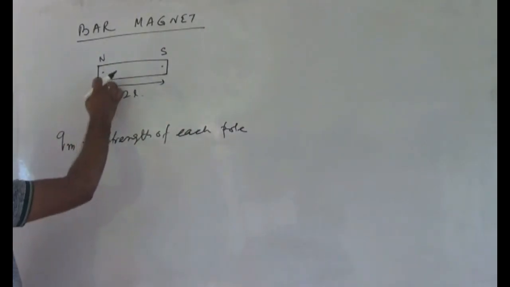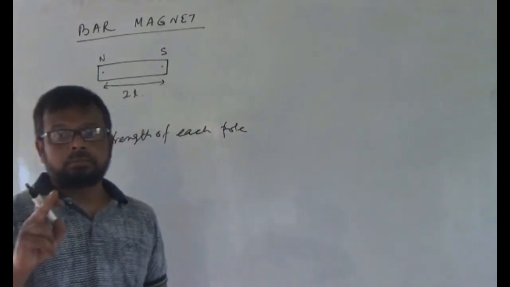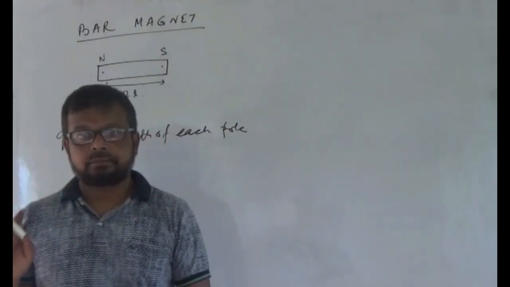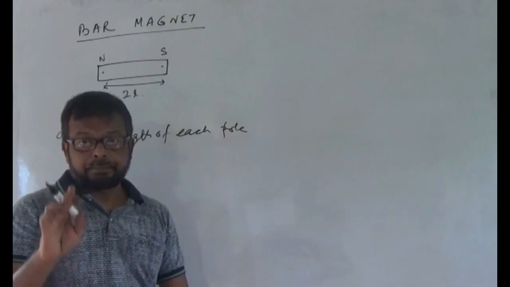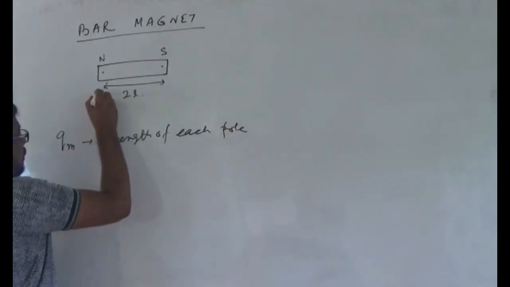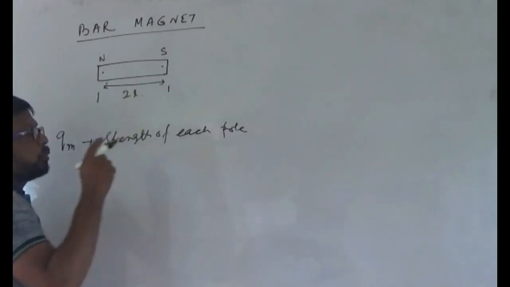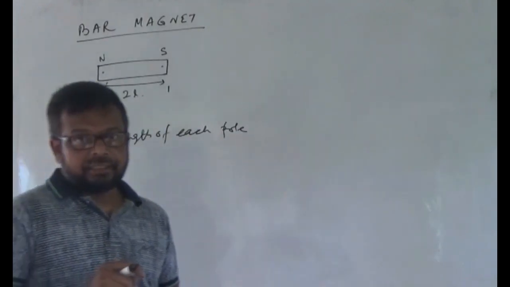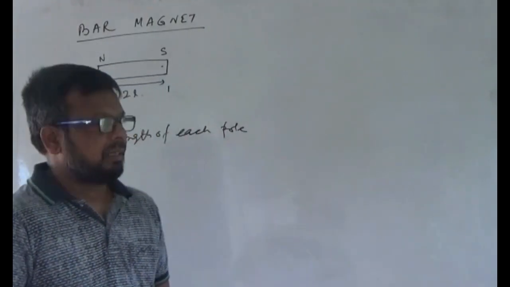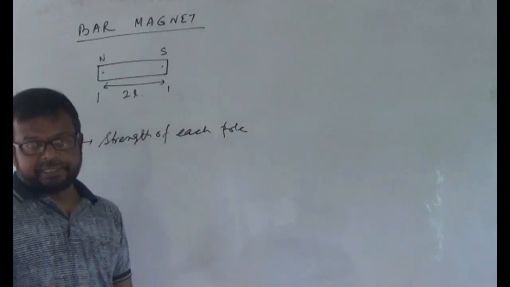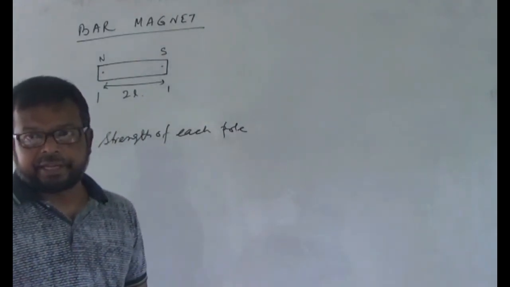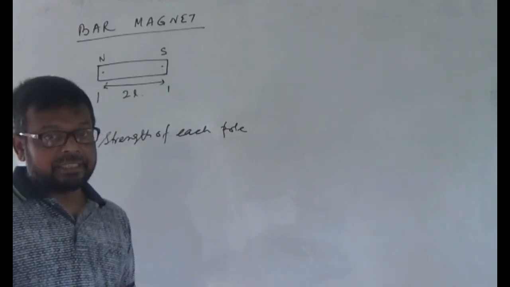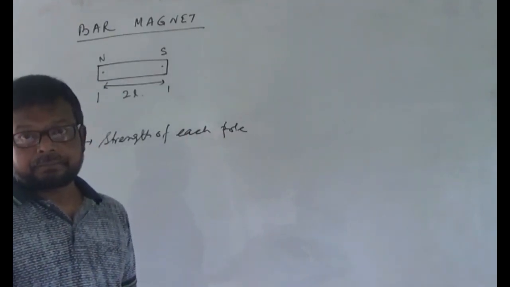Now, the distance between the two poles is called the magnetic length. But the distance between the two ends of the magnet is called its geographical length, or the length of the magnet. Magnetic length is different from the length of the magnet.